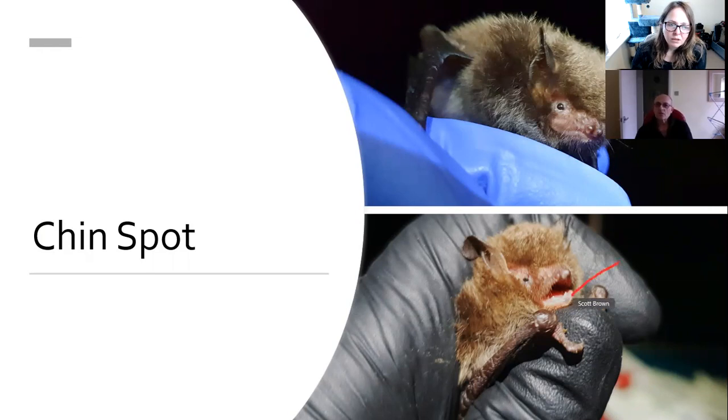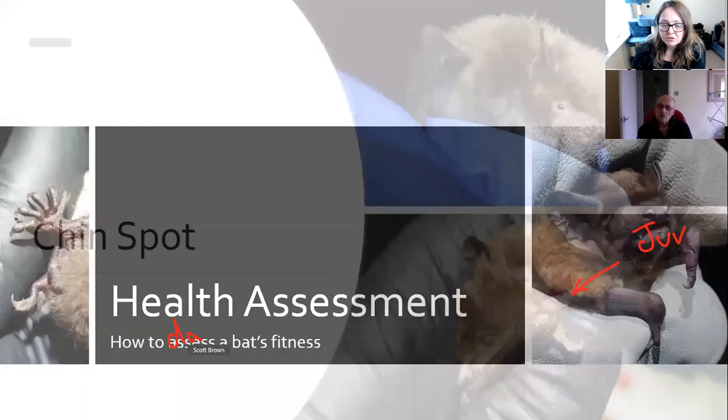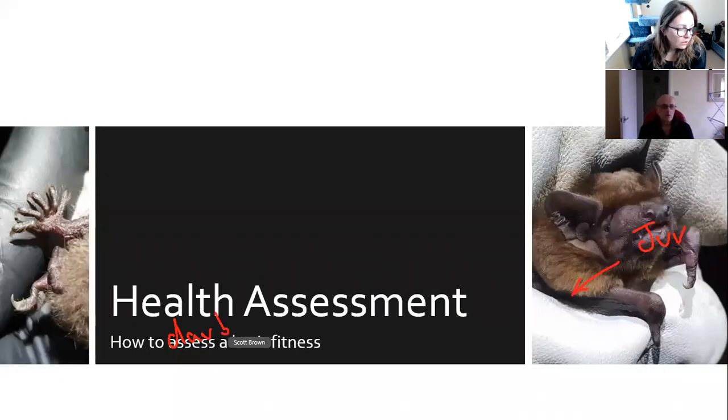If you have a look at the bat on the bottom here, there's a little dark patch on his chin, and these fade as they get older. So it's another subjective clue in our assessment. This is the same species, but obviously no chin spot on the top one, but a little bit of a chin spot on the bottom. I will try and get some better photos this year.